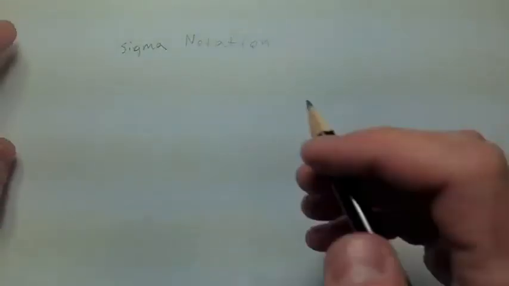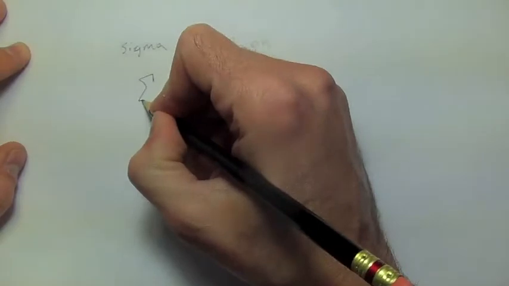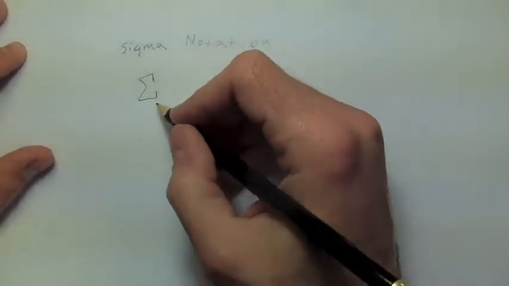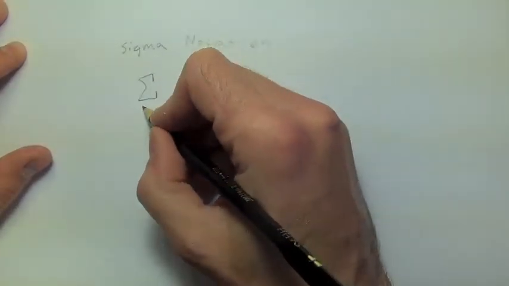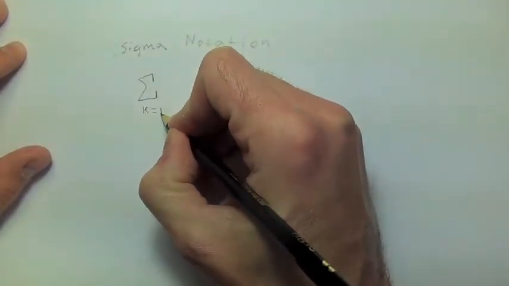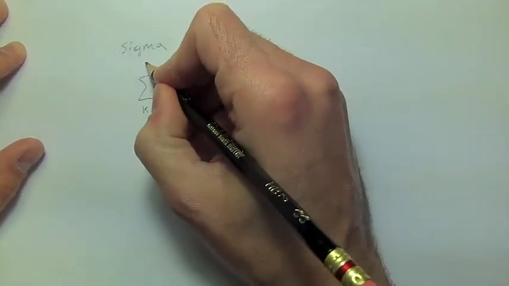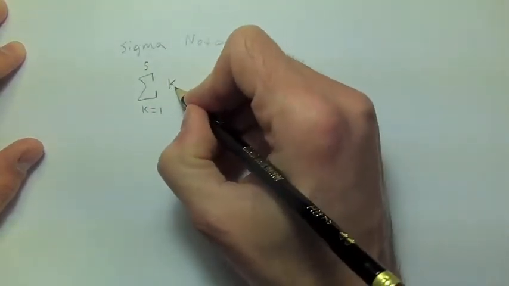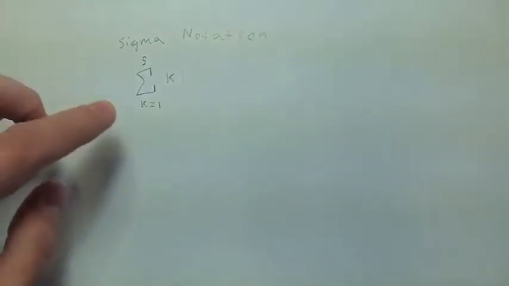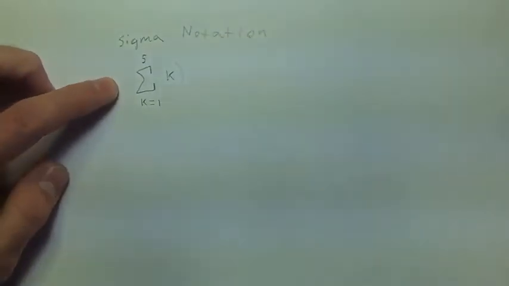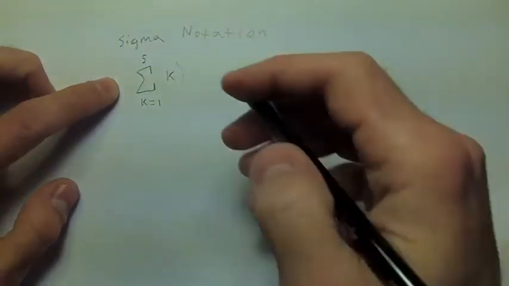Okay. Sigma notation, basically, it's a big capital sigma, and it just means you're summing things up. So it has an index. If I give it, say, k equals 1 to 5, and I'm summing up k, this says I'm going to sum up k from 1 to 5.